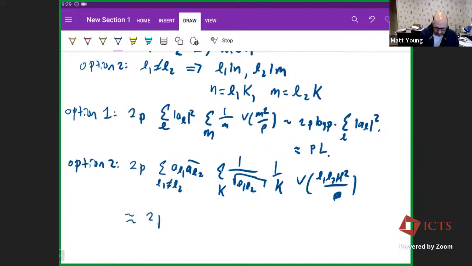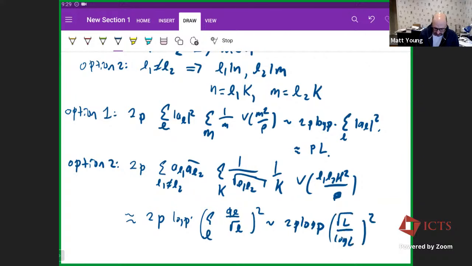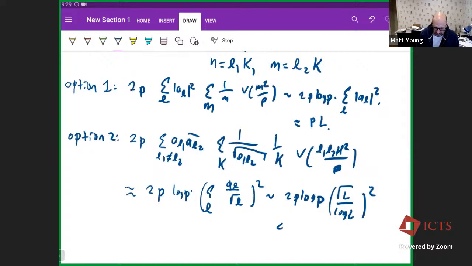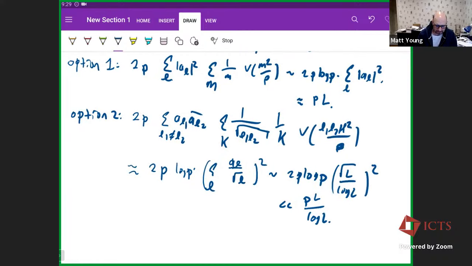So this is like 2P log P times the sum over L of a sub L over root L, quantity squared, which should be like square root of L over log of L, quantity squared. So this is P times L over log of L. These option 2 diagonal terms are slightly smaller than the option 1 diagonal terms, but never mind. The whole point is we get basically P times L from the diagonal.